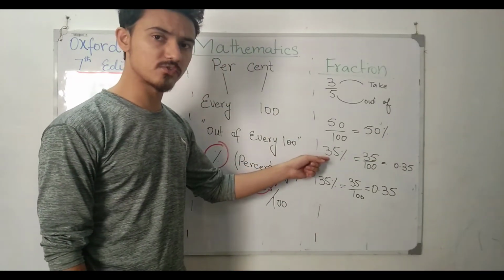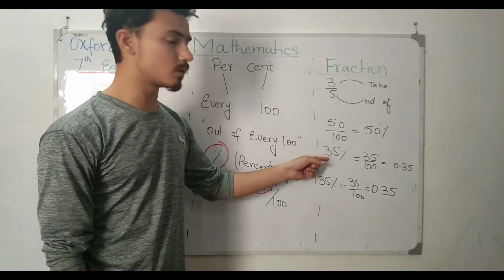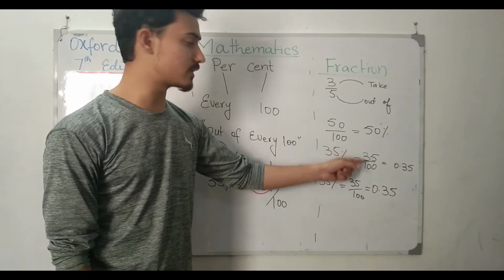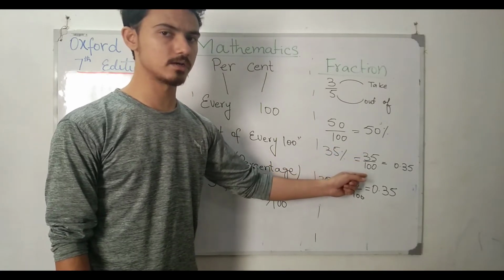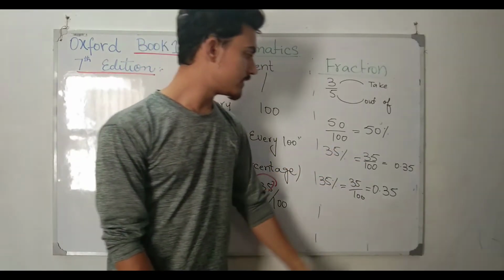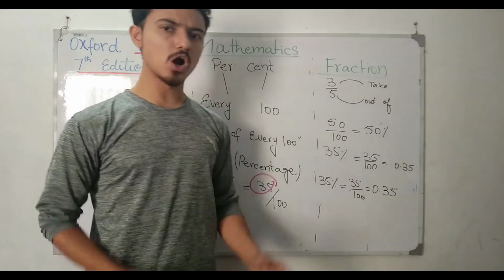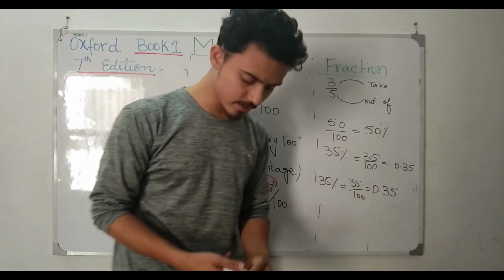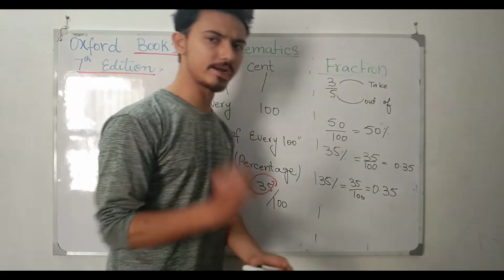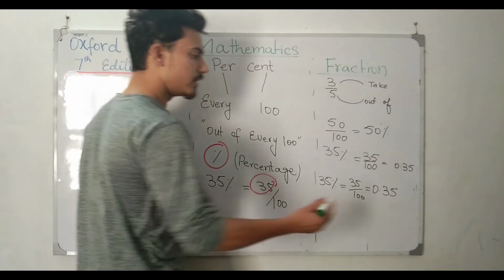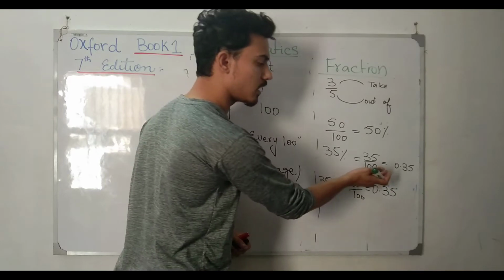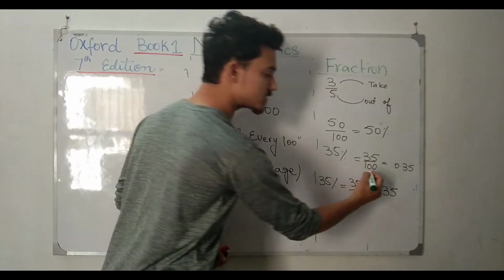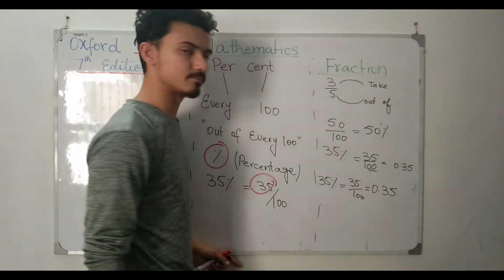Now I'm going to show you the relation of percentage, fraction and decimal value. Suppose I have a value here, 35%. I'm going to convert it into fraction form, 35 over 100, because you are going to take 35 parts out of 100 parts, meaning 35%. Next, the decimal form. How to convert a fraction to decimal form? Hope it's a basic concept you are well aware of. If you don't know, let me give you a lighter view. If any value is divided by 10, 100, 1000, 10,000, it depends on the number of zeros you have.